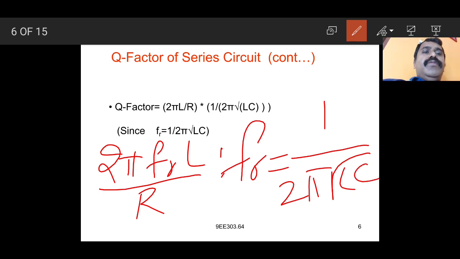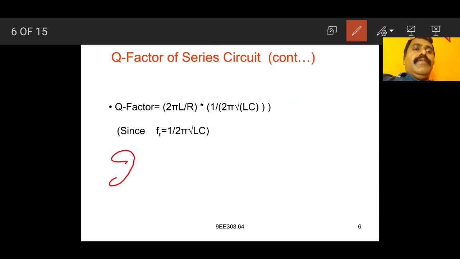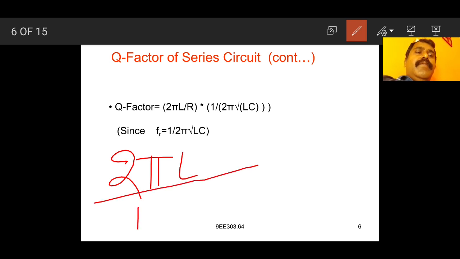So substitute that value in the above equation, and again we get 2 pi L divided by R into 2 pi root LC.